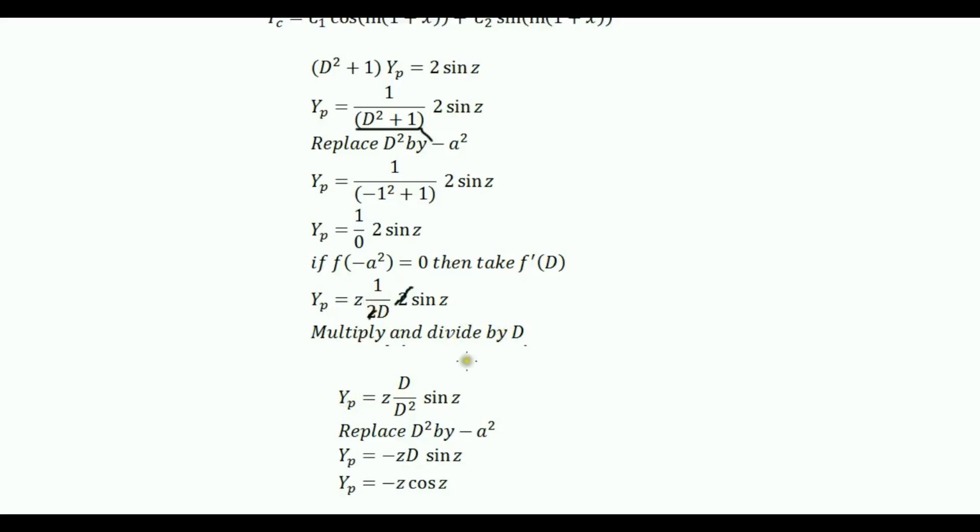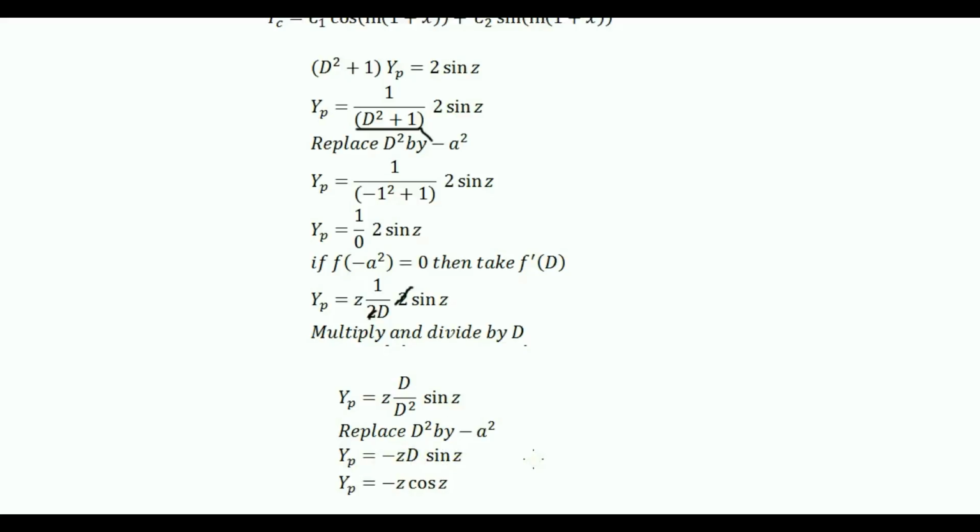So my equation of yp will become z D upon D square sin z. Now again I will replace D square by minus a square. So I have the value of a here, my a is equal to 1, so yp is equal to minus z D sin z.